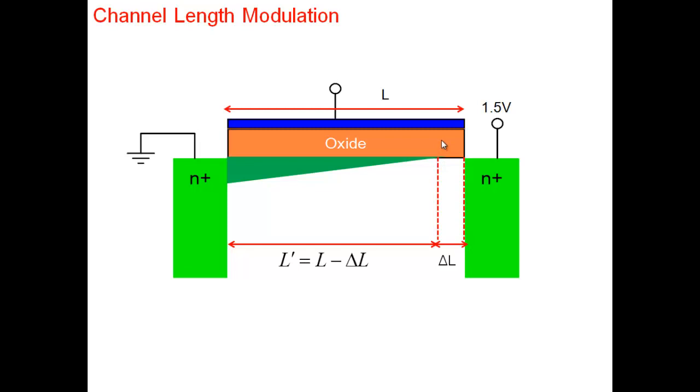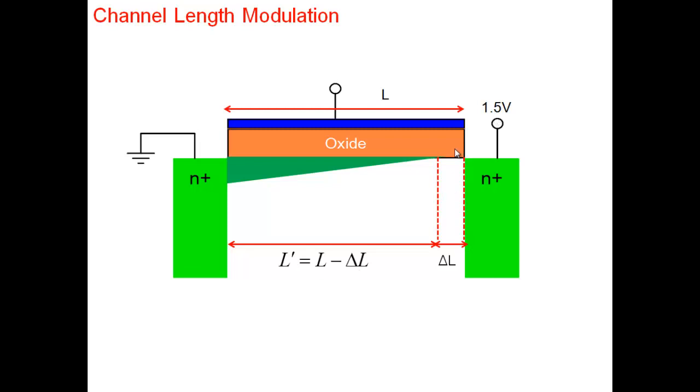So effectively what we can say is that the channel length, where the channel exists here, is no longer L, but it is L minus delta L. Because this is a high field region, whatever reaches here is swept into the drain. So this does not affect the current to the first order approximation. This is where the channel is. So the effective channel length is no longer L, but L minus delta L.